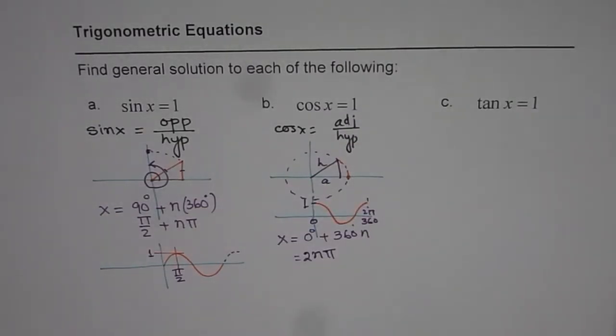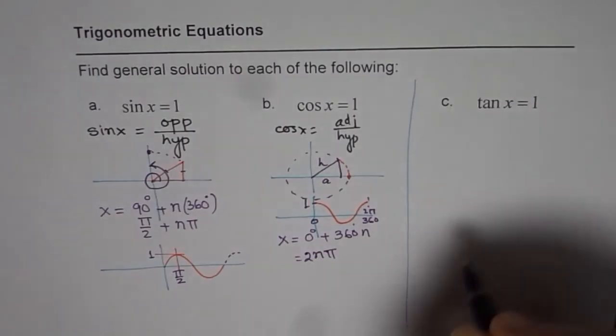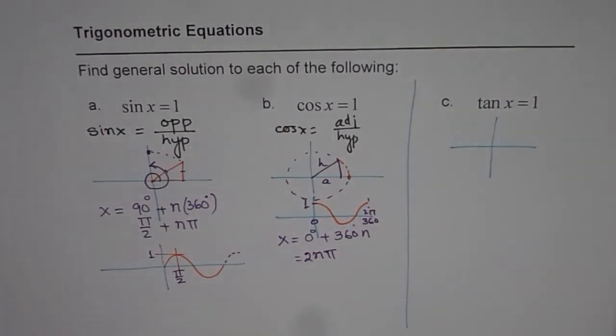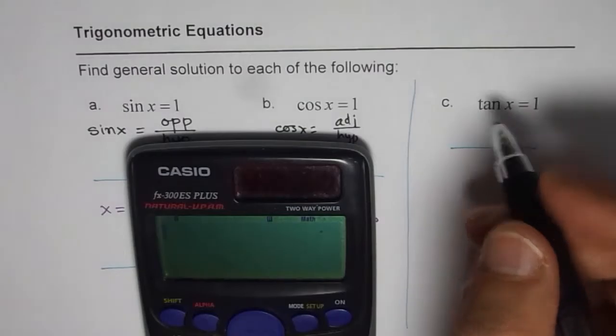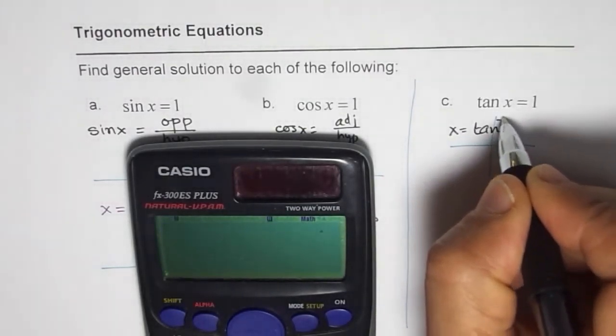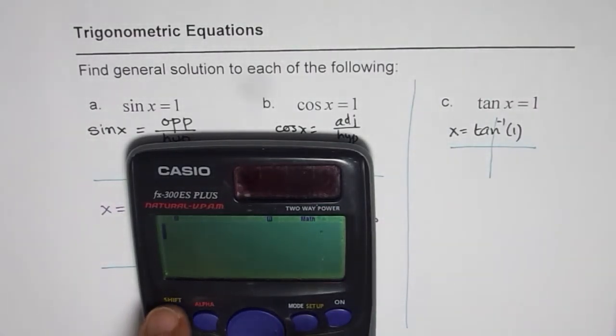Now tan x equals 1. Let me show you using the calculator, and we will use the CAST rule. Those are good rules to use whenever in general we are trying to find the solution. If you use the calculator, then tan x equals 1 means x equals tan inverse of 1, right? So we can use the calculator and find the inverse of 1.